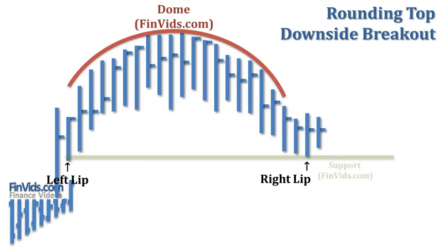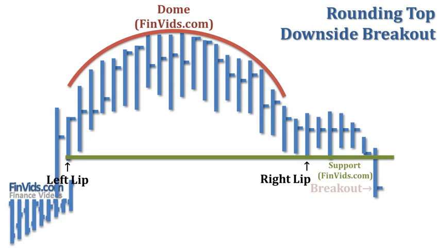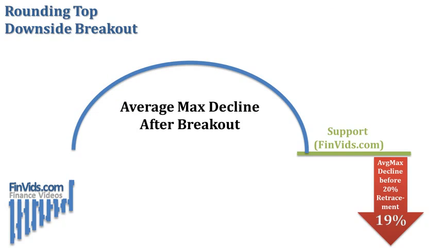Now prices consolidate, and in this example we will see a downside breakout where prices break below support after the area of consolidation. A sell signal is triggered. Now the rounding top with a downside breakout has an average maximum decline after breakout of 19%.